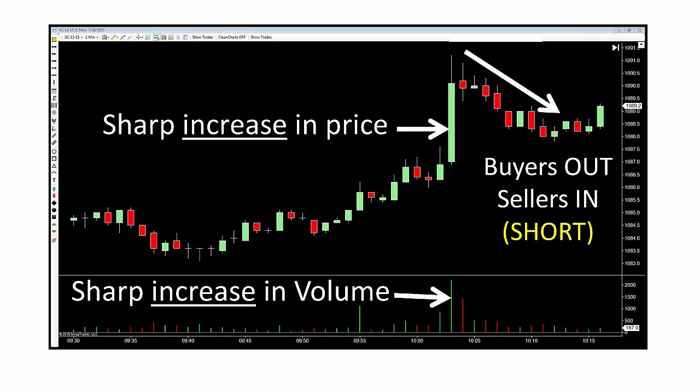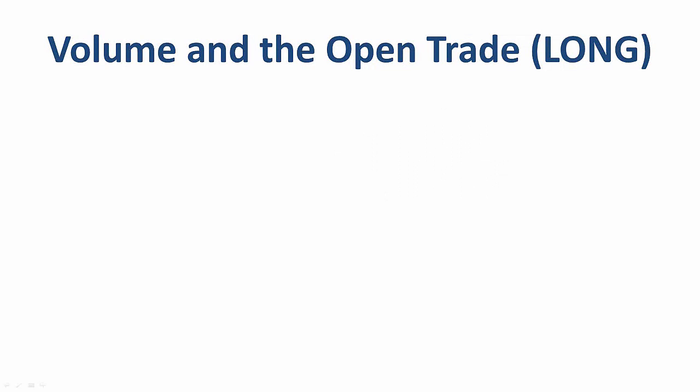When you come into my room, you'll see that I set up the charts, this chart here from midnight, and I look for support and resistance areas from midnight going forward. And I'd also take a look at yesterday's high-low. Open, the volume and the open trade for a long setup.